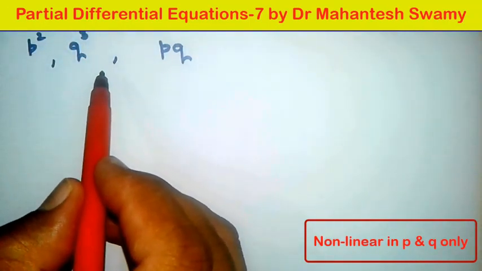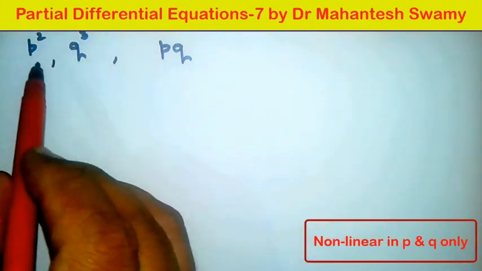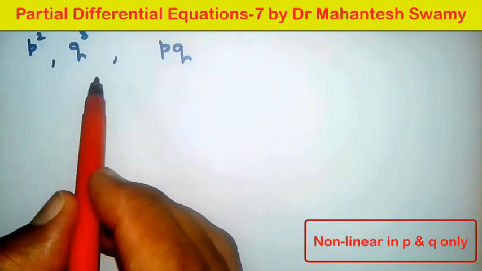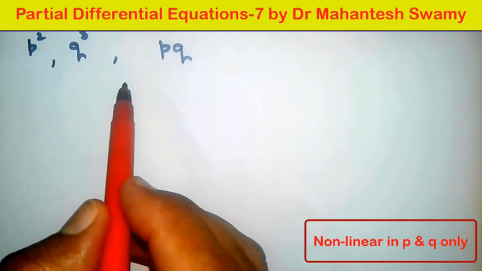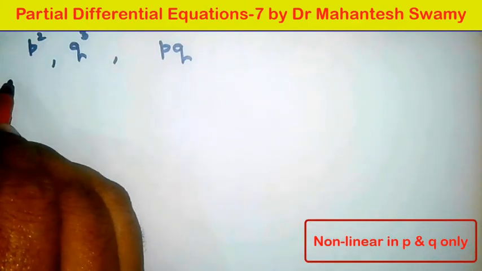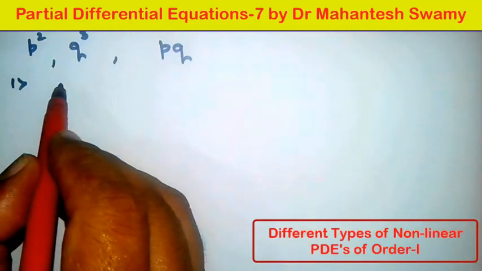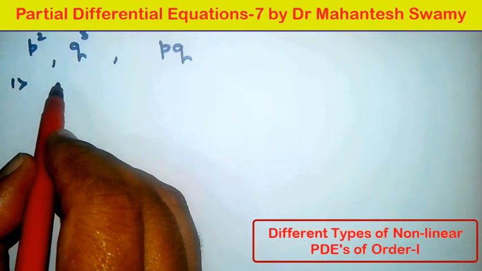Now, for the sake of convenience, we consider the differential equations categorized in different standard types. In type number 1, we are going to consider the differential equations containing P and Q only.